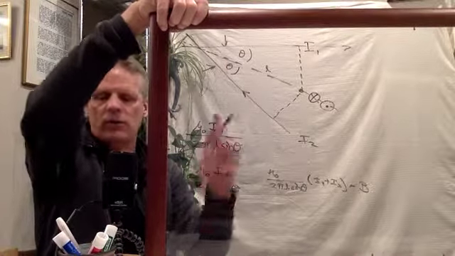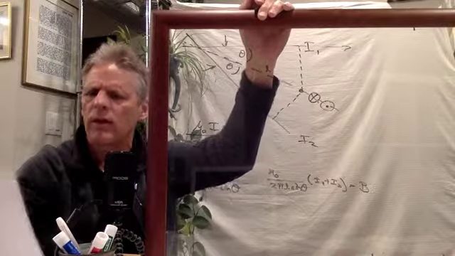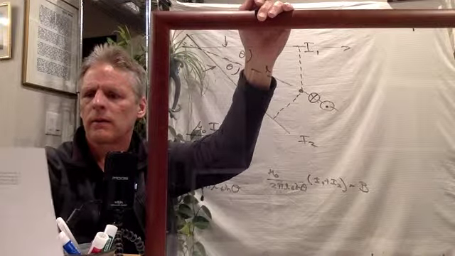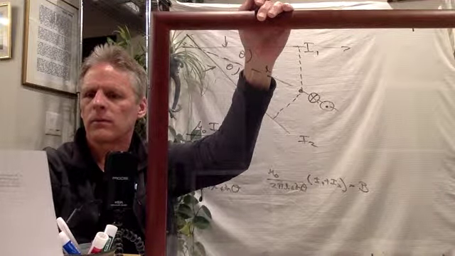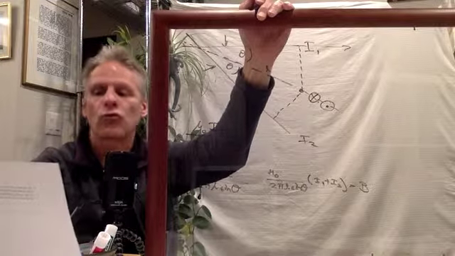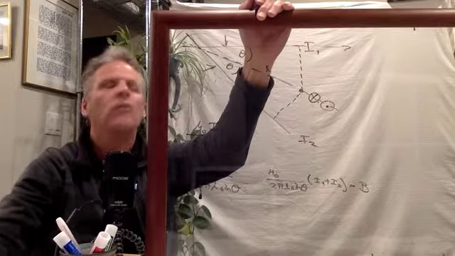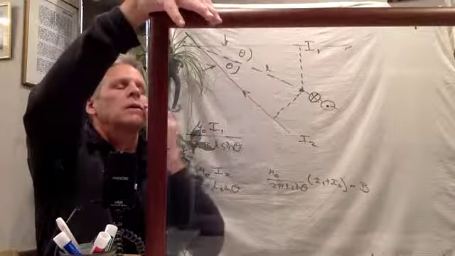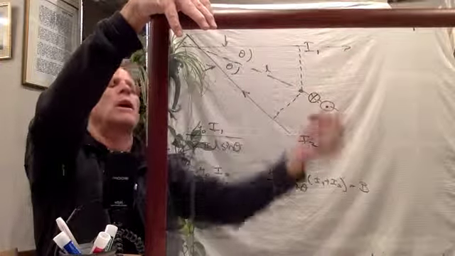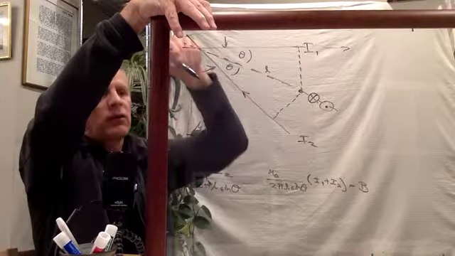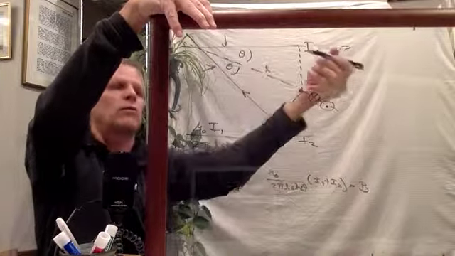It does not matter. I didn't give you a direction of the force. So it doesn't matter which one of these they are, but they have to go in opposite directions. If I1 is going this way, I2 is going this way. If I2 is going this way, I1 is going this way.